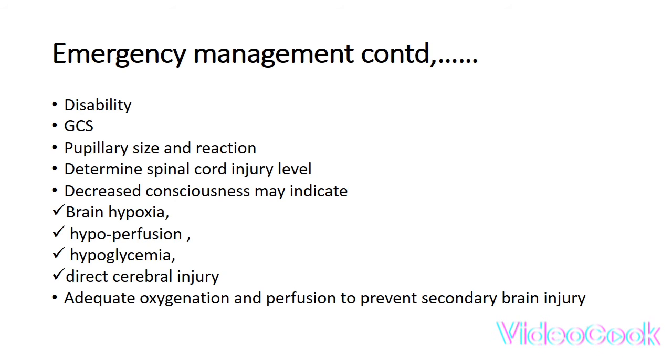We have to determine the spinal cord injury level by assessing the dermatomes, if it's there or not. We also have to keep in mind that decreased consciousness of the patient may indicate brain hypoxia or hypoperfusion, hypoglycemia, or direct cerebral injury.